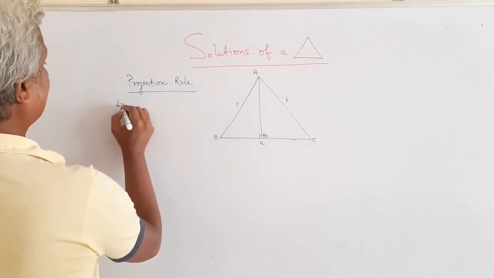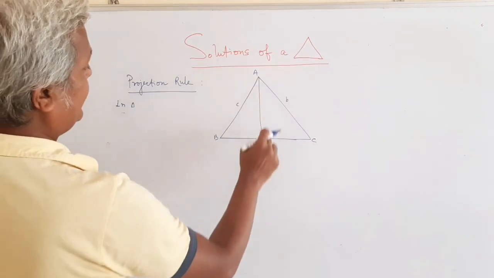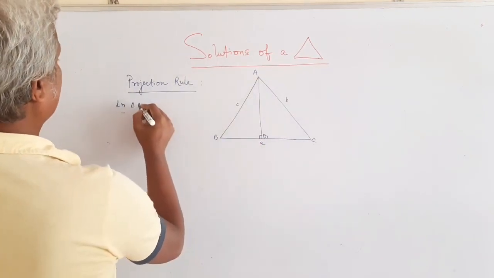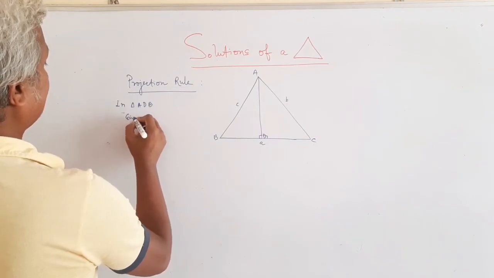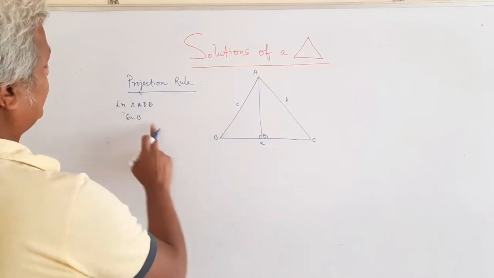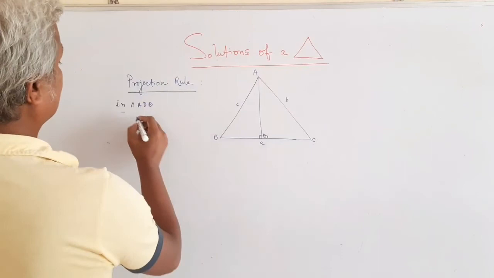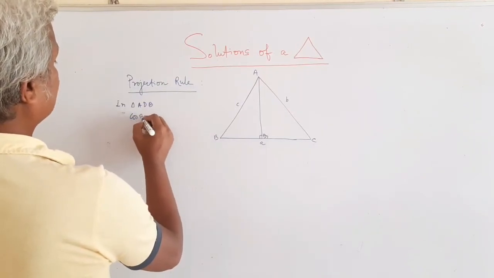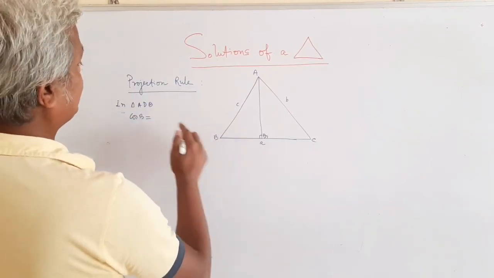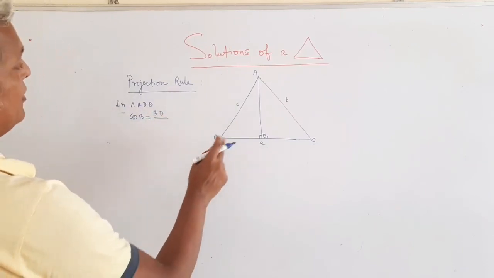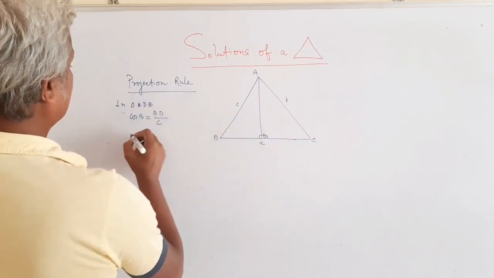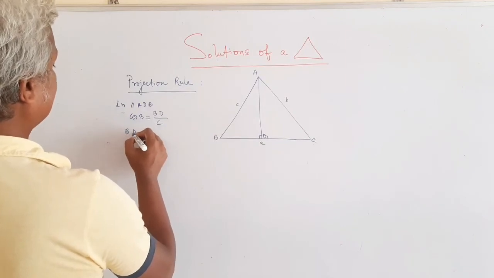So I write in triangle ADB, sine B. Oh, sorry, we have to find the base, so we will use cosine. Cos B is adjacent, that is BD, upon hypotenuse, that is C. So what is BD?